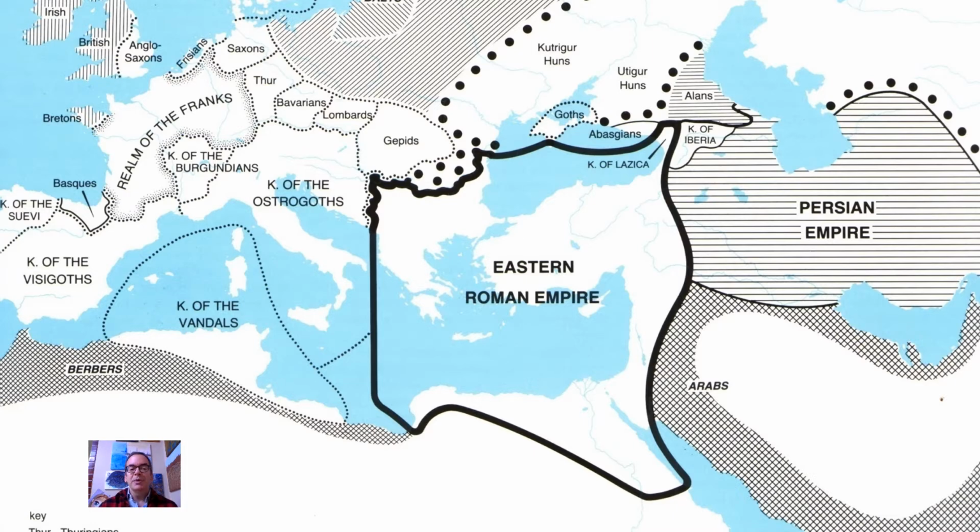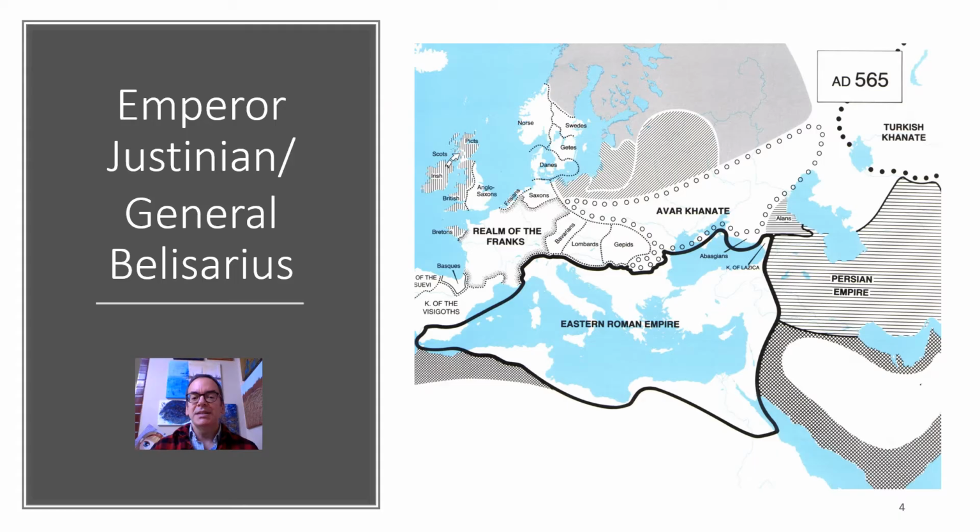So if you remember, we've got the Vandals in control of Africa. You've got the Visigoths in control of Spain. You've got the Franks in France and Germany. And then we talked about the last Roman emperor being taken over by the Ostrogoths. So this is what it looked like before Emperor Justinian.